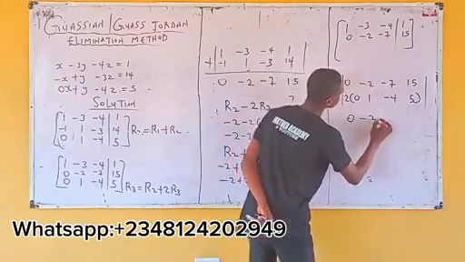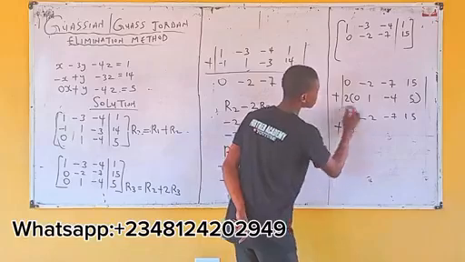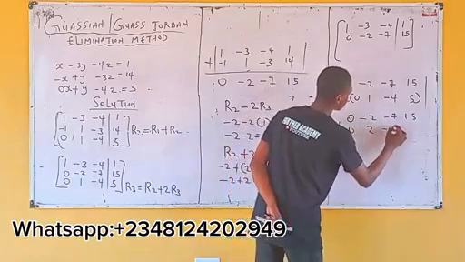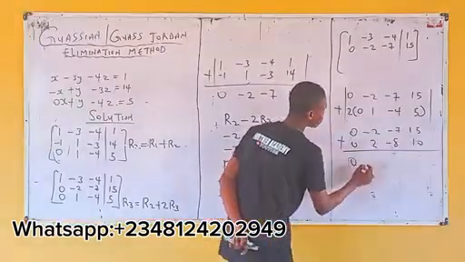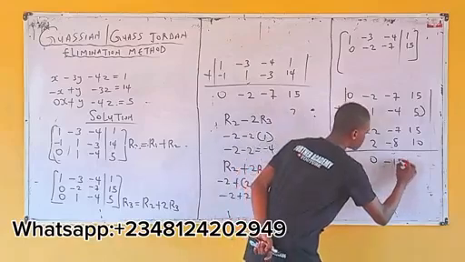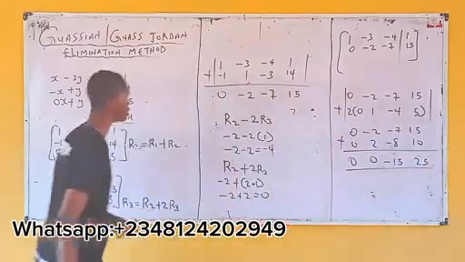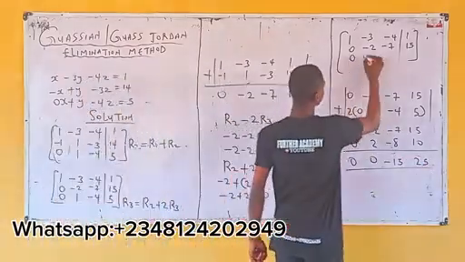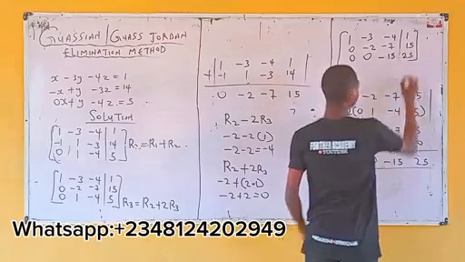So we have 0, -2, -7, 15, plus this time this is what? 0, 2, -8, 10. 0, 0, -15, and 25. Meaning your new row 3 is 0, 0, -15, and 25.